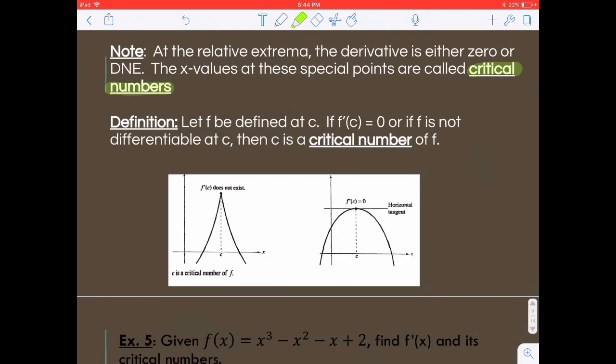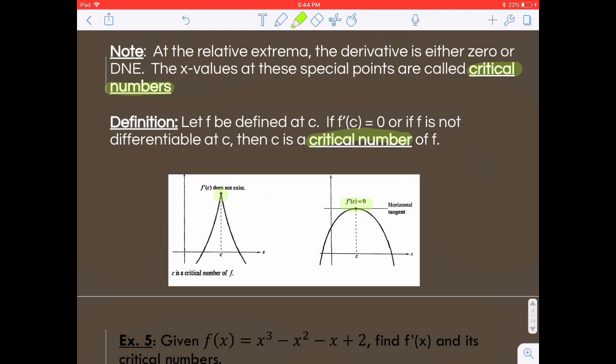If f prime of c is equal to 0, or if f is not differentiable at c, then c is a critical number. Here f prime of c doesn't exist because there's a cusp, and the derivative is not going to exist at a cusp. And since the derivative is equal to 0 here, we know there's a horizontal tangent there.